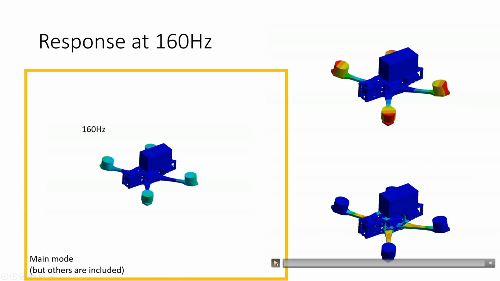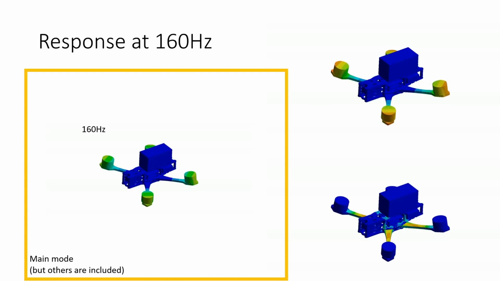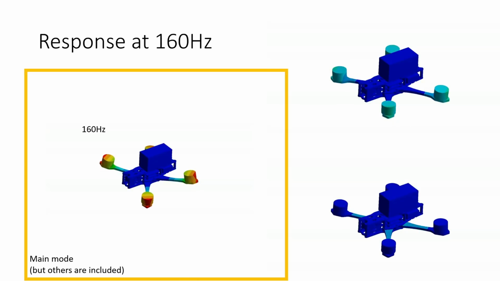And this final video shows you a stress plot. So this is showing you the stress in the arms as a result of the vibration. And what this tells you is where material could be added to increase the resonant frequency. If you add material in the locations which are showing the most stress in this plot, you will have the most effect at increasing the resonant frequency.